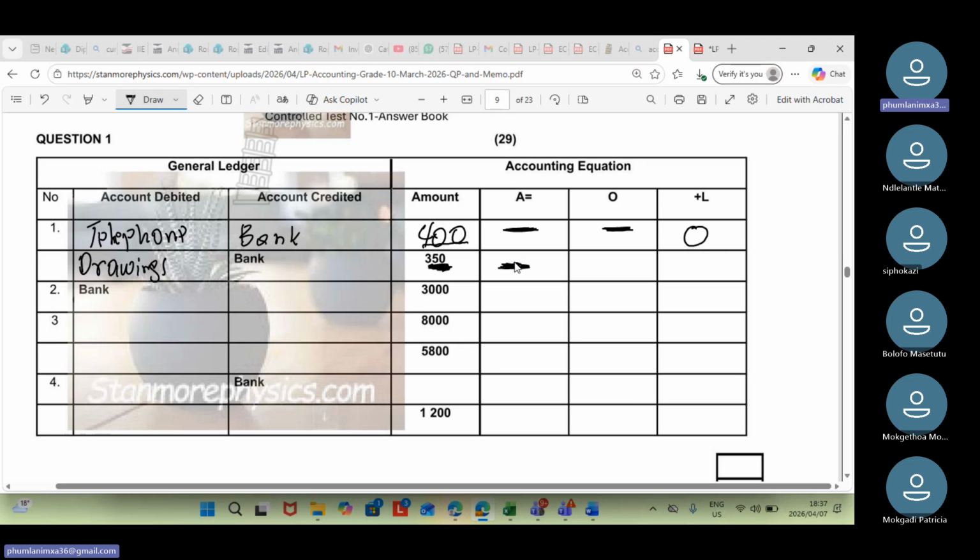Owner's equity, just like expenses. If you're paying for an expense, if you are taking anything for personal use, that will have a negative impact on owner's equity. What is happening again? No impact on liabilities.